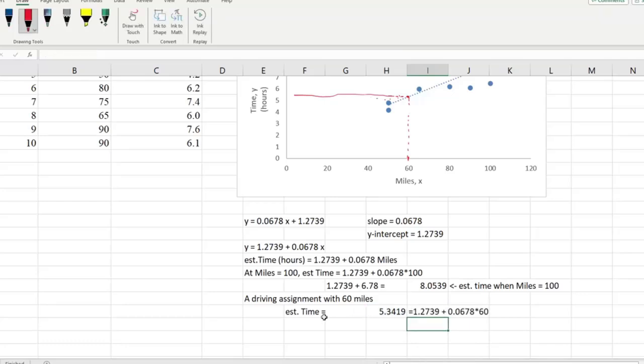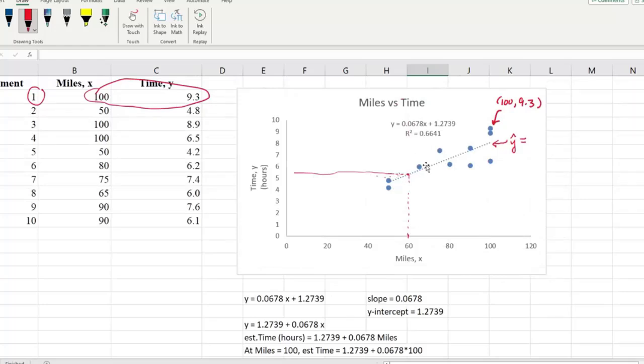So if you have a new driving assignment that involves driving for 60 miles, then we could say we expect it to take about 5.3 hours, a little bit over 5 hours. So for any number of miles along here, I could make predictions by using this line, because I have the equation that corresponds to this line.